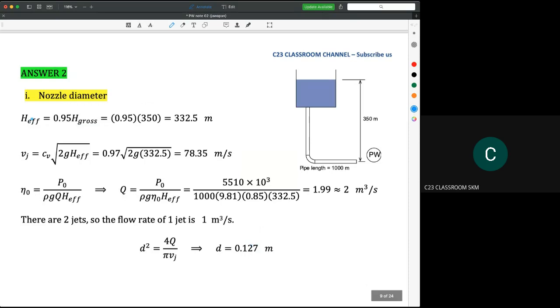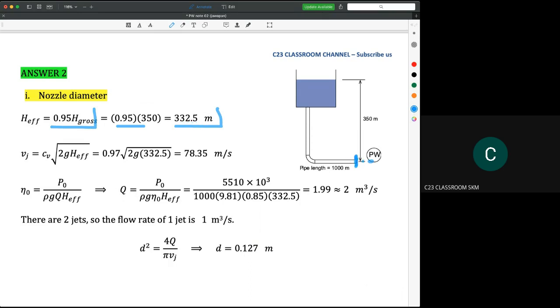So we need to calculate the effective head to calculate the velocity of the jet. Because the friction is 5%, it is 0.95 of the gross head. So we have 350 times 0.95, so the effective head at the nozzle is 332.5 meters.